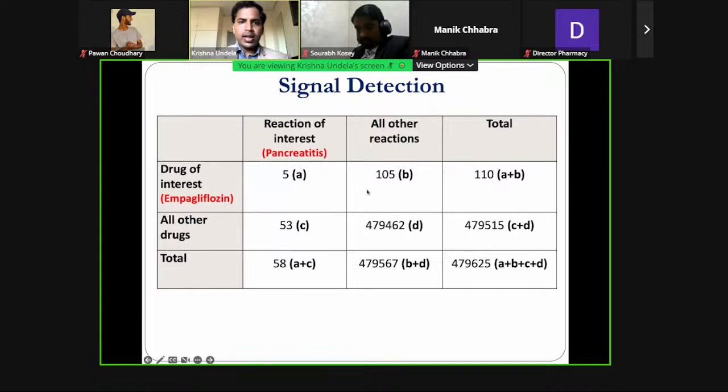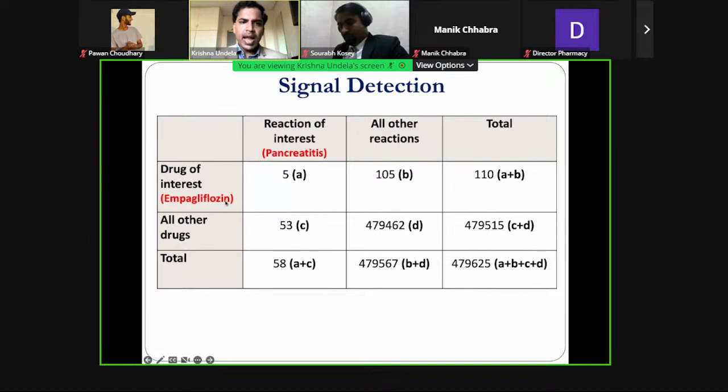So out of 110, there are 5 related to pancreatitis, and the remaining 105 related to all other reactions. Apart from pancreatitis, there may be so many other reactions reported for empagliflozin. So 105 are all other reactions and 5 on pancreatitis. For empagliflozin, the total number of reactions is 110, out of around 4,79,000 reactions available in the database.